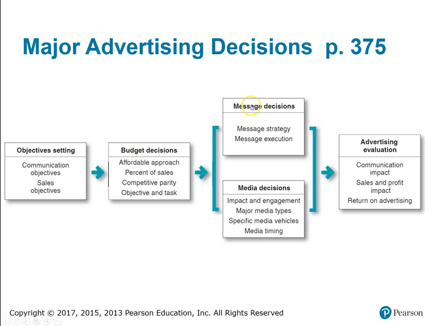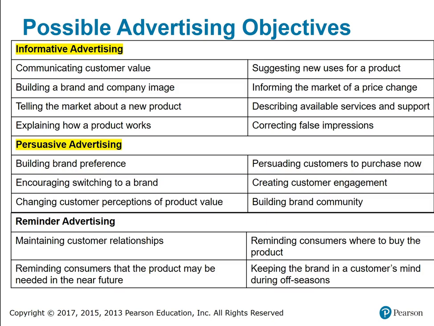A definite decision about the message you want to have go out across all the ads and marketing that you do, and which media is the best for all these. And then finally, of course, we need to check whether it's working or not. And you probably have participated in that as consumers, where you say, so how did you hear about us, right? So they're trying to figure out what was the most effective.